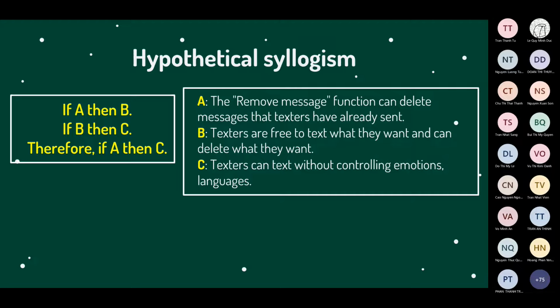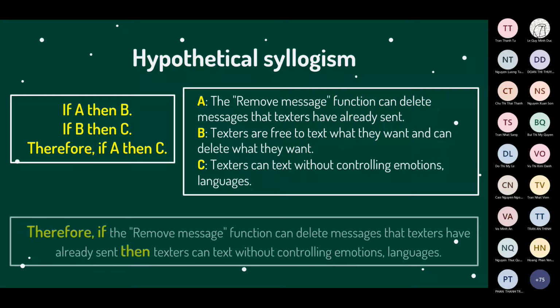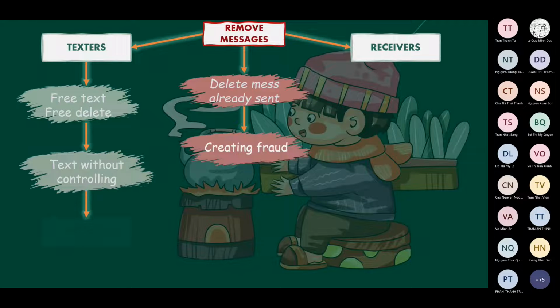Applying these premises to this formula, we have the conclusion: if the remove message function can delete messages that testers have already sent, then testers can speak without controlling emotion and language. So next is the causal argument.